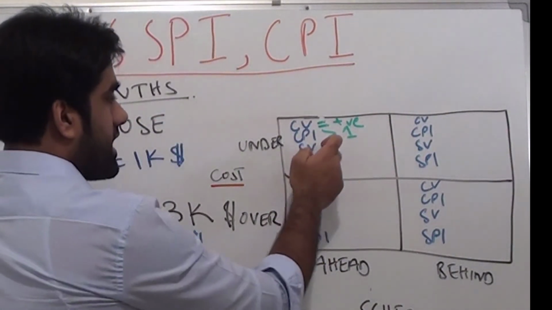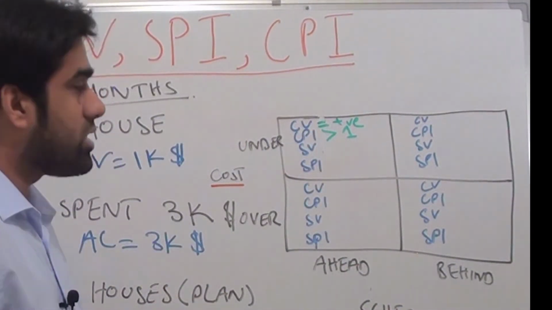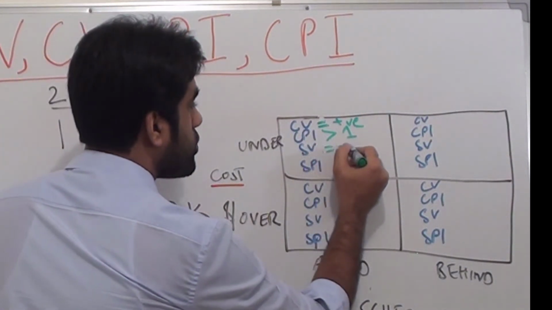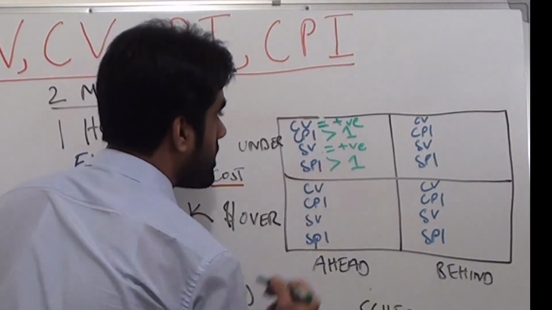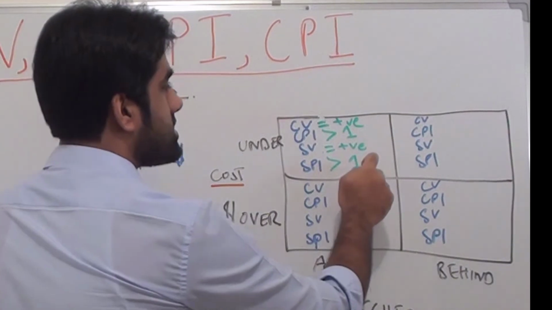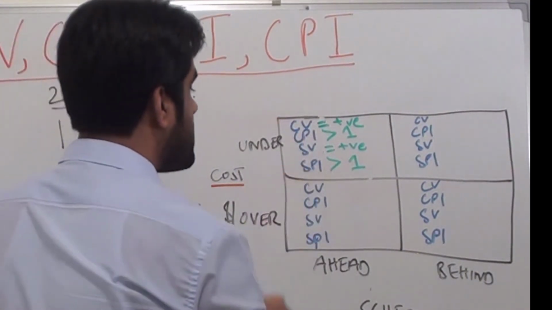And what about schedule? We are ahead of schedule, right? So schedule variance will be positive and schedule performance index will be greater than 1. So this is a win-win case: we are doing good in terms of cost as well as schedule.